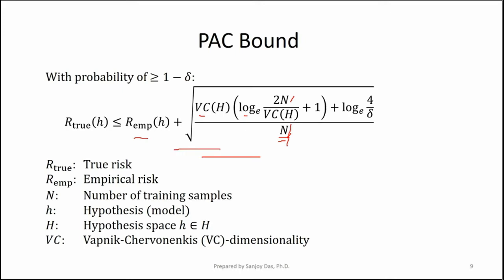So it's a good thing if you have a large number of samples. Then the true risk will be closer to the empirical risk. If you have a small number of samples, then the denominator is low, and so this term becomes high, and the true risk will be significantly more than the empirical risk. So our goal here is to keep the true risk as close to the empirical risk as possible.